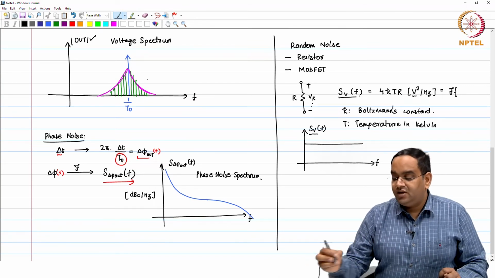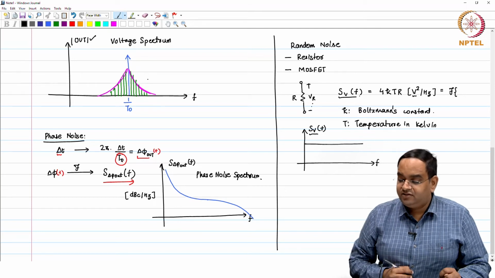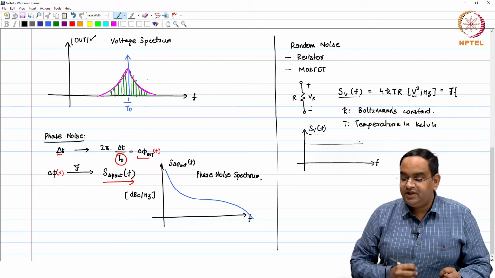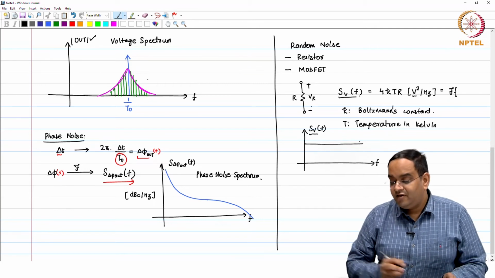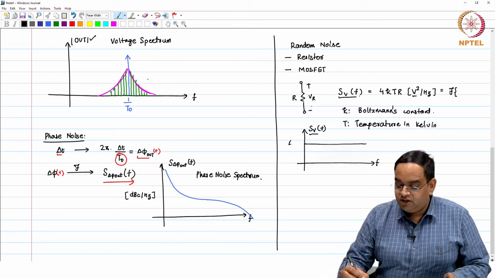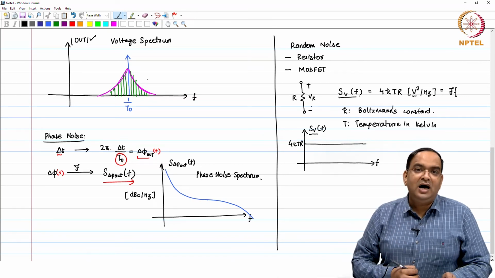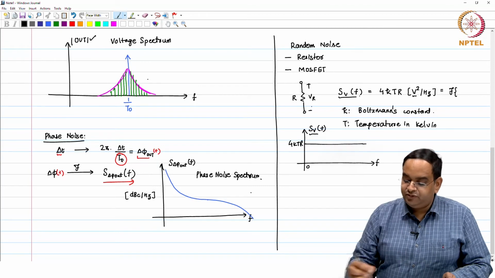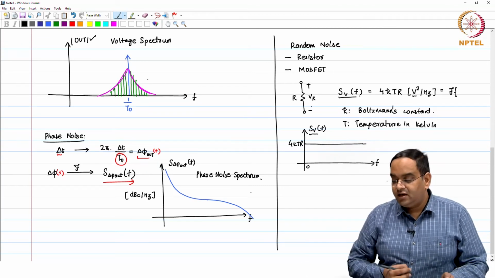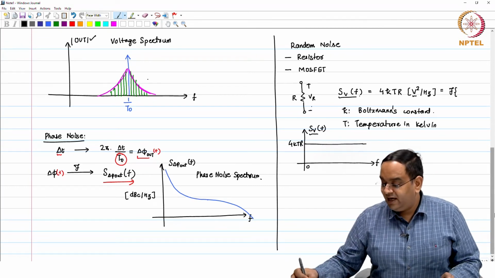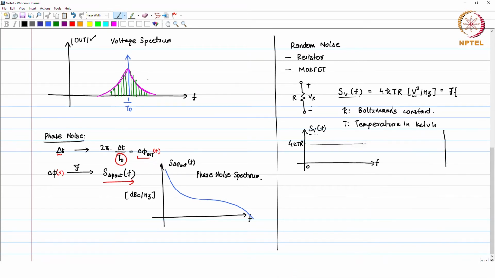So, that is what you measure. Now, this power spectral density is actually flat in nature, and with the one sided it is 4 kT R. One sided means from 0 to infinity. If you consider this noise as two sided, it is a real signal.